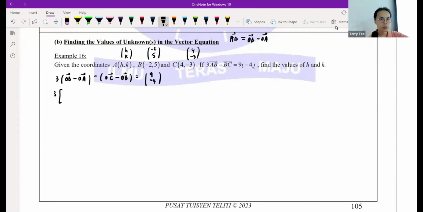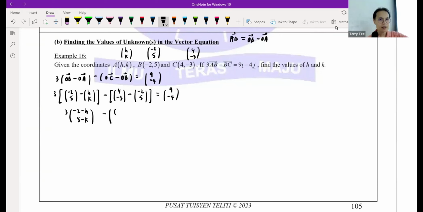So here my OB is (-2, 5), my OA is (H, K), and my OC is (4, -3). Put together, the result is (9, -4). So here I think we can just put them together again: -2 minus H, 5 minus K, this is (6, -8). The result is (9, -4).